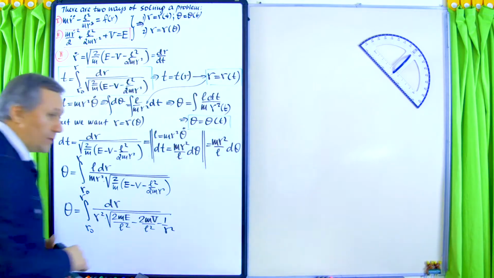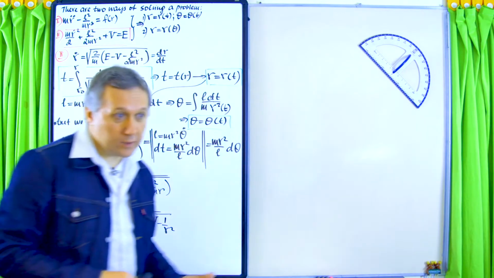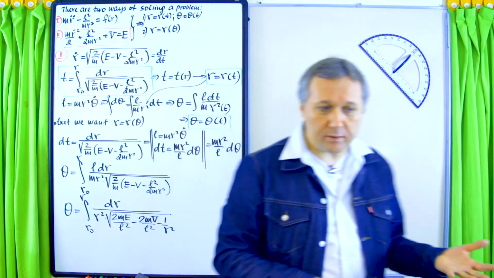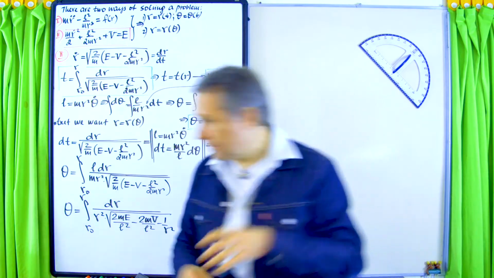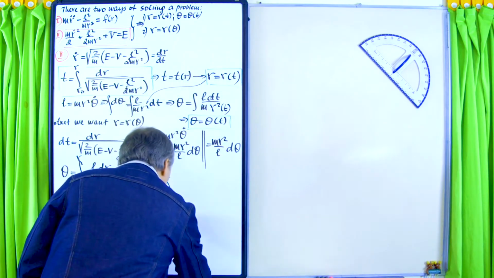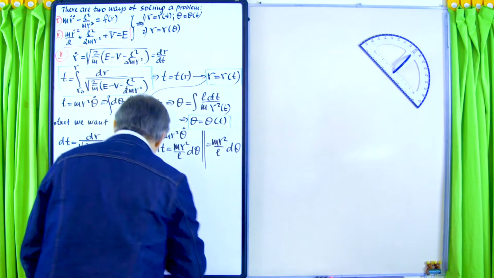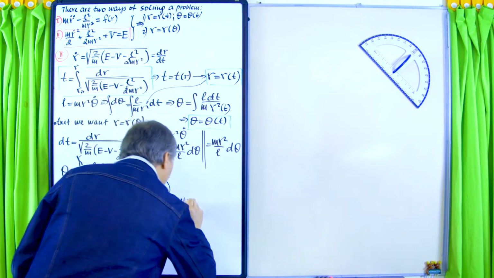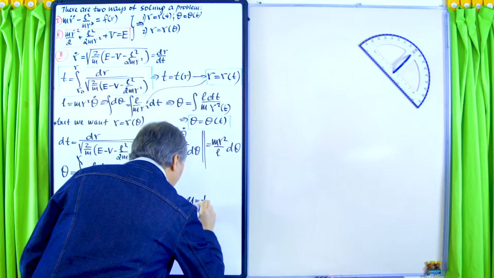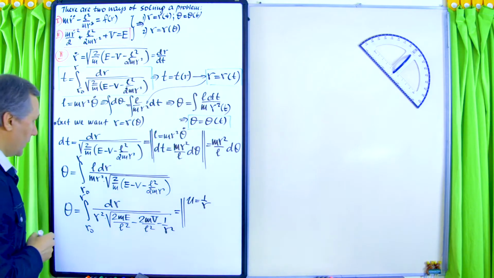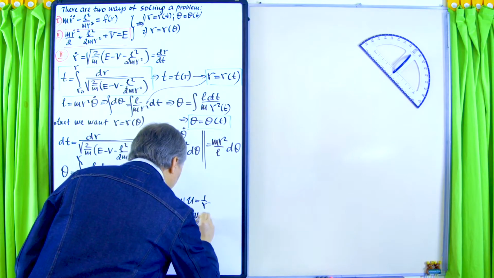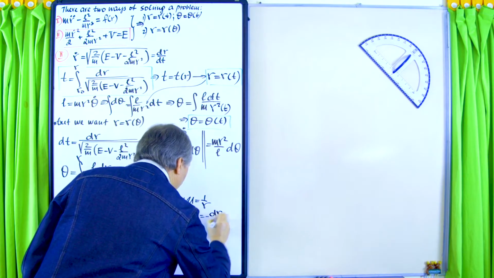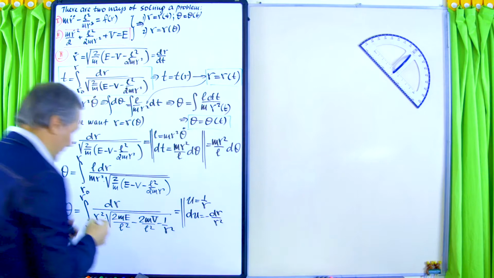So if you're going to do it all the time, it makes sense to rewrite this integral in terms of that new variable u. Okay, let's make a substitution: u equals 1 over r. And of course, du equals minus dr over r squared.